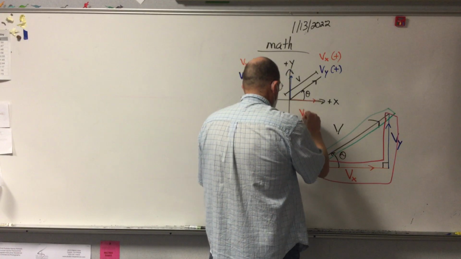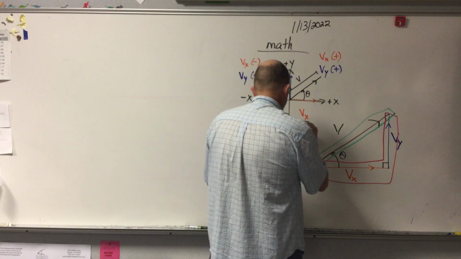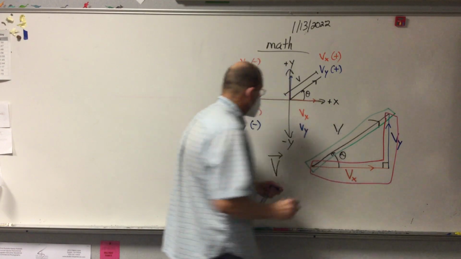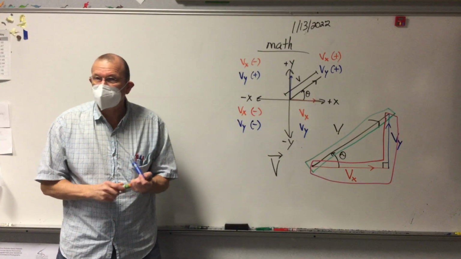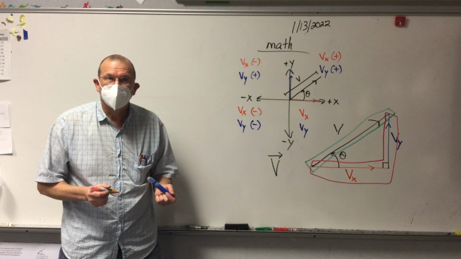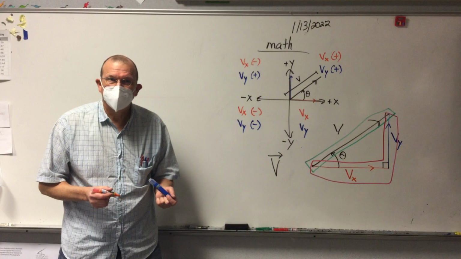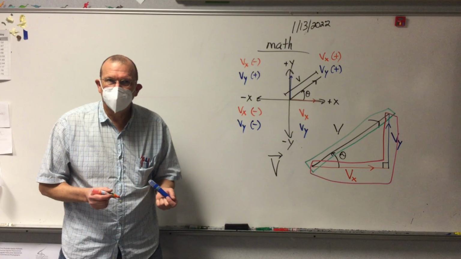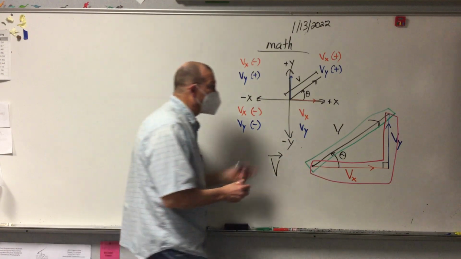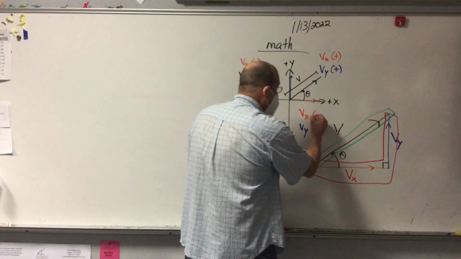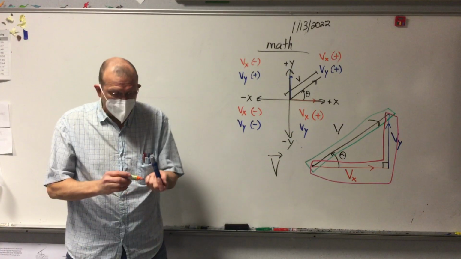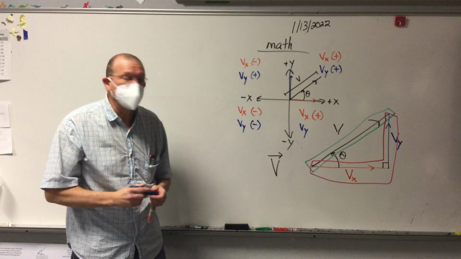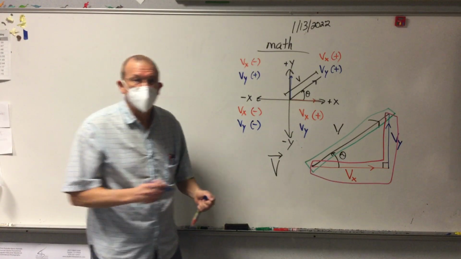Finally, what will the Vx be for a fourth quadrant vector? Positive. Because from the origin, you have to go right horizontally if you're going into the fourth quadrant. But what will your Vy be? It will be negative.